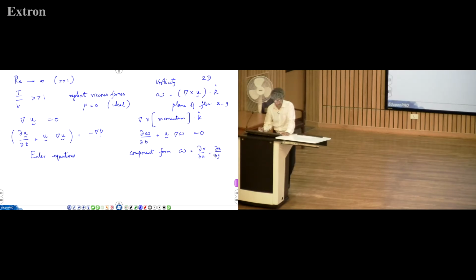So, it is just this cross product, okay, dot k. Which we write in shorthand notation as V x minus u y.